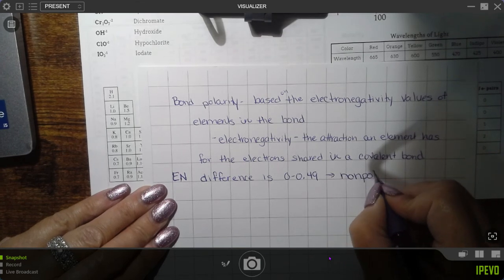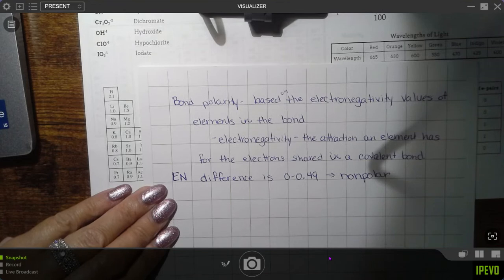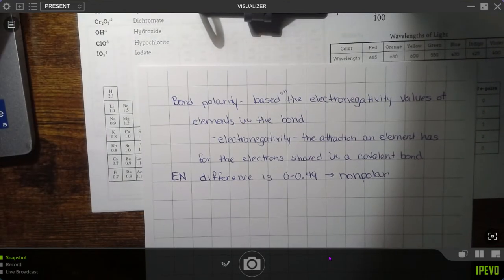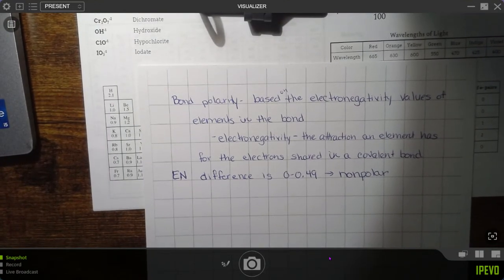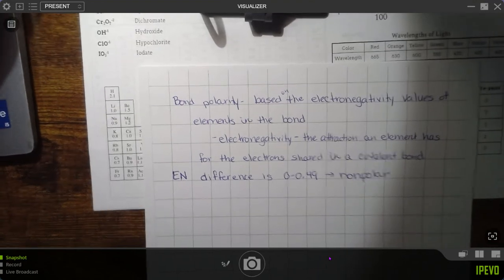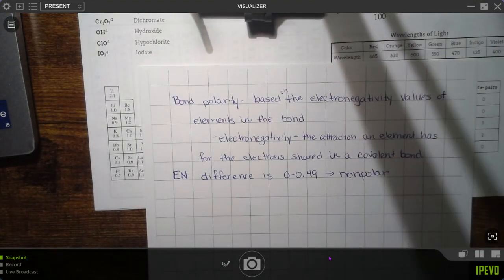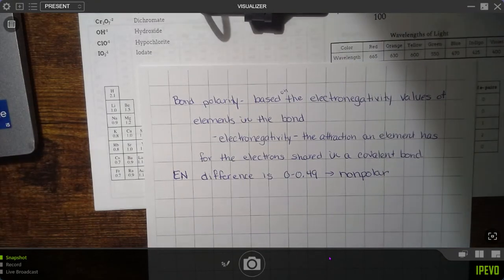Basically that means the electrons in that bond view both of the atoms equally, so the electrons aren't going to spend more time around one atom or be pulled towards one atom versus the other.